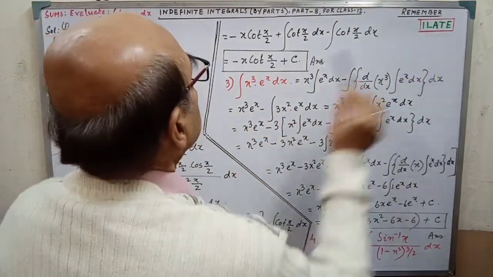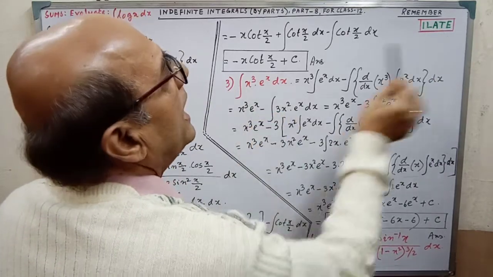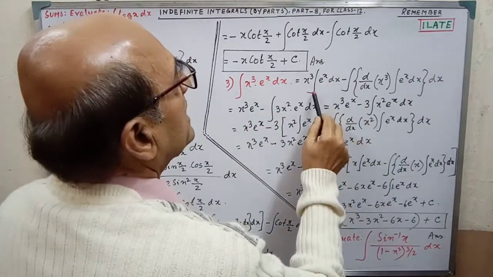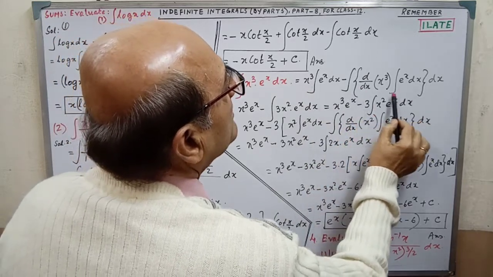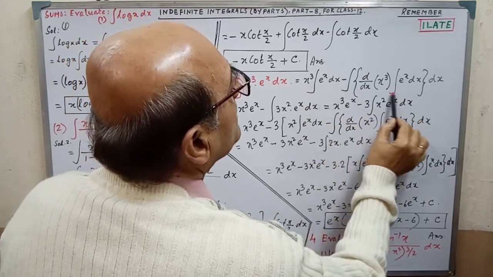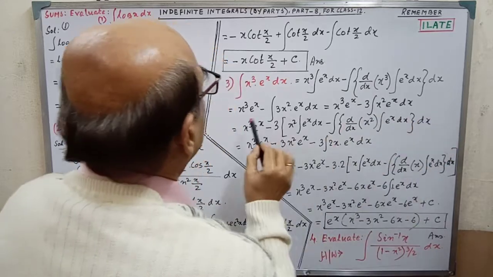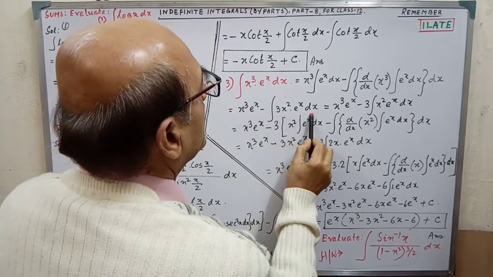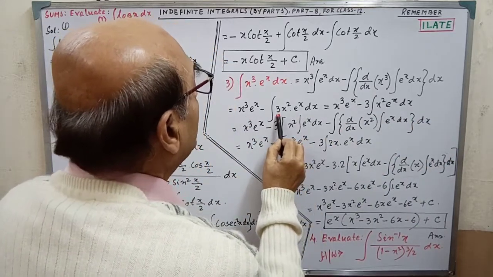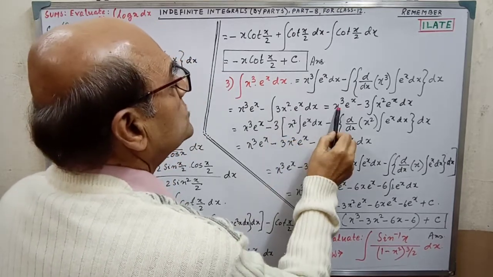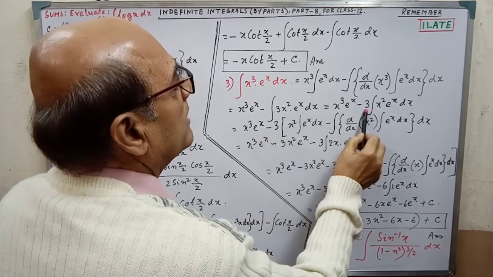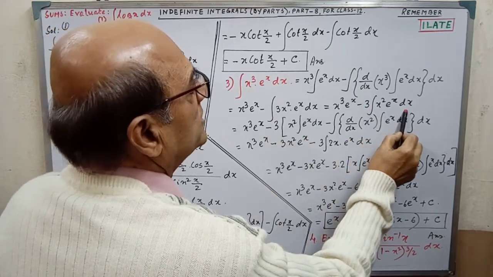Algebra is coming first, so algebra is the first function and exponential will be the second function. According to that we have to apply the formula. By applying the formula we are getting this. Then by simplifying we are getting this. This part again we have to integrate. This will remain as it is, this 3 will come outside, and this part we have to integrate.